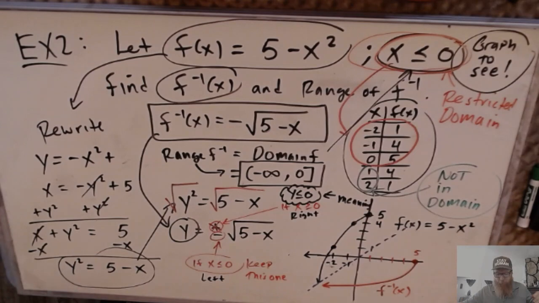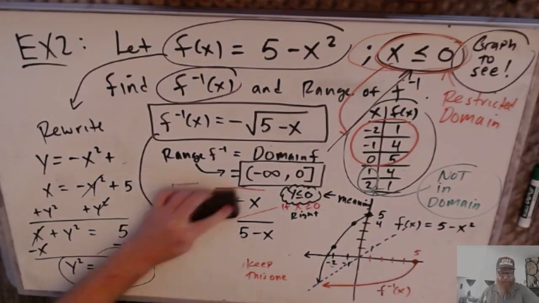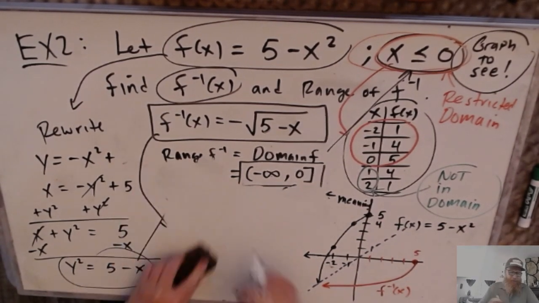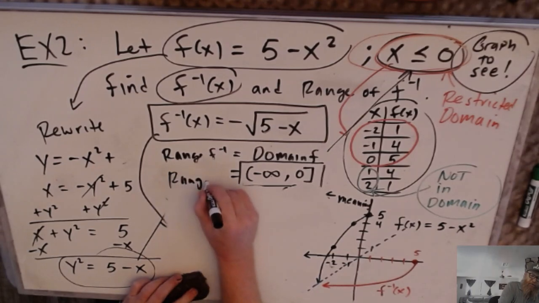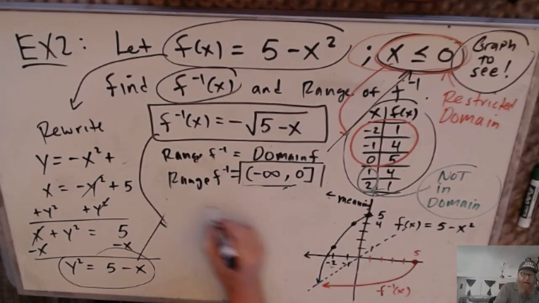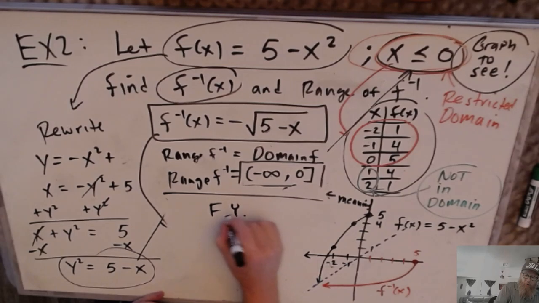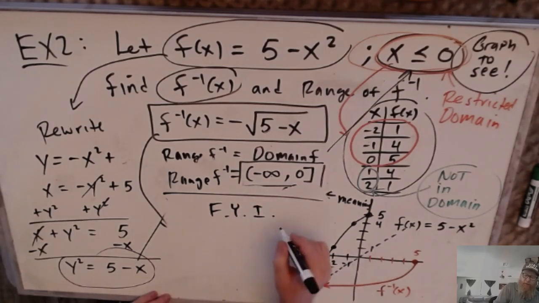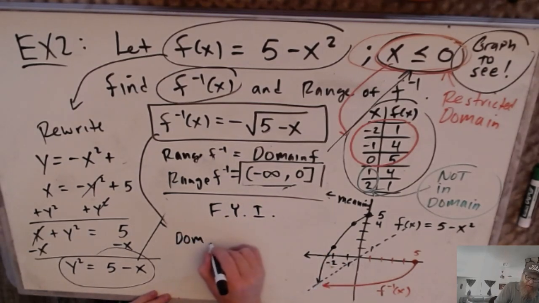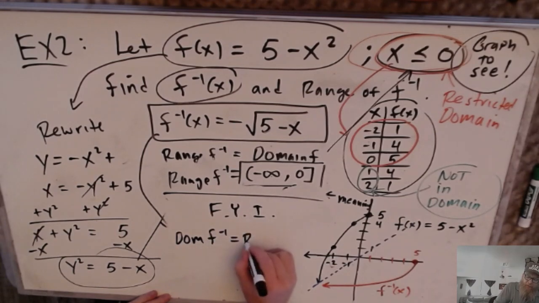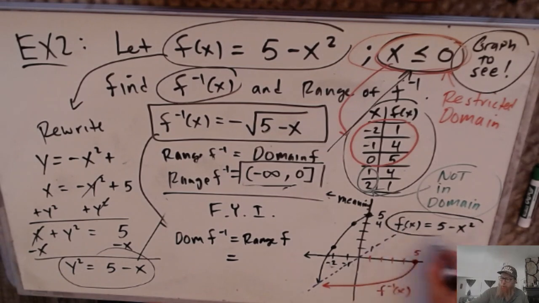Okay. Just FYI, if you're curious, the range of f inverse was what was asked. Just for your information, the domain of f inverse is the same as the range of f. So look at your original f function.